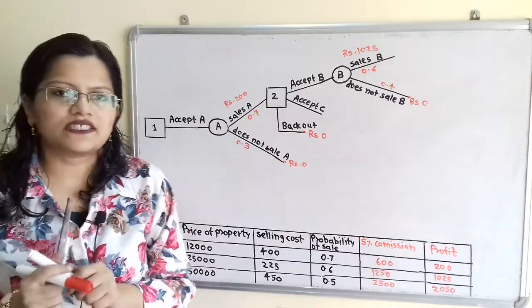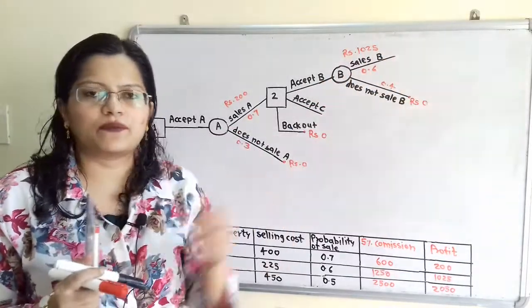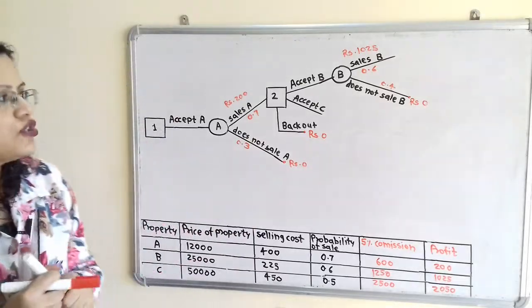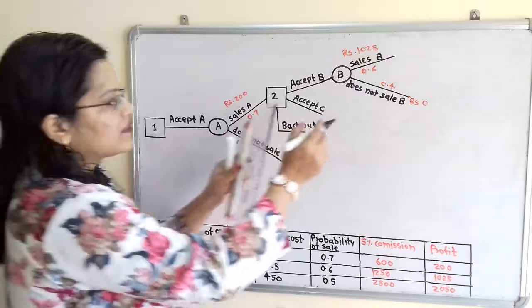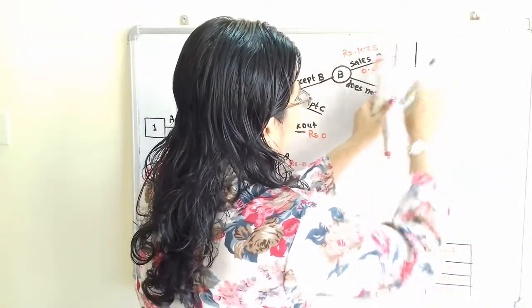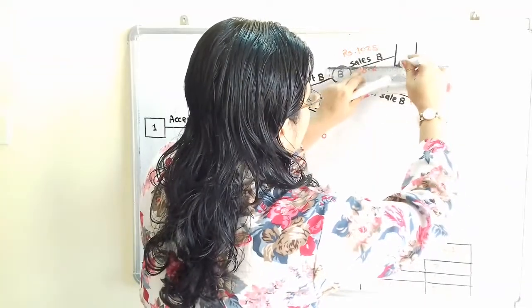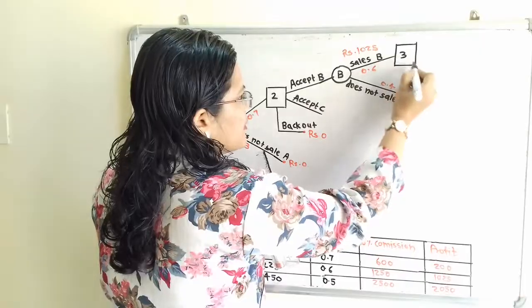Now for this event, that is if he sells B, then again he has to take the decision whether he has to accept the offer C or back out. So we have to show here this decision with decision node, and that will be his third decision. So I will mention here the decision node. That will be 3.